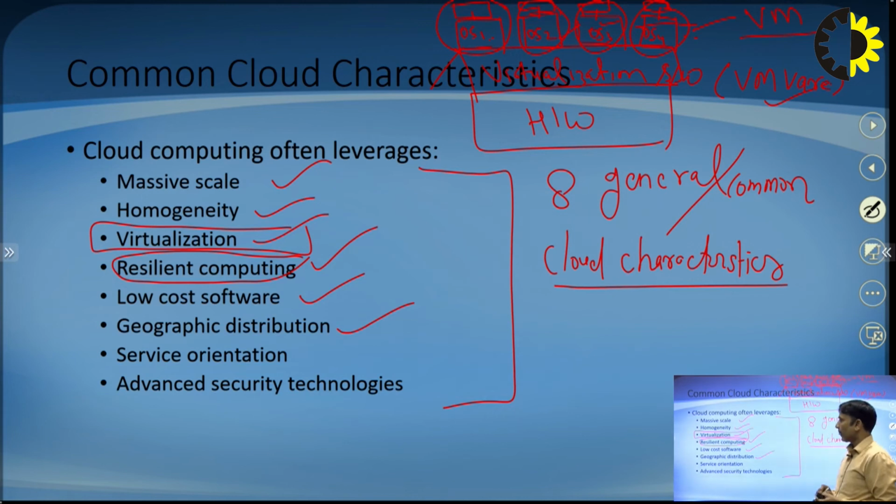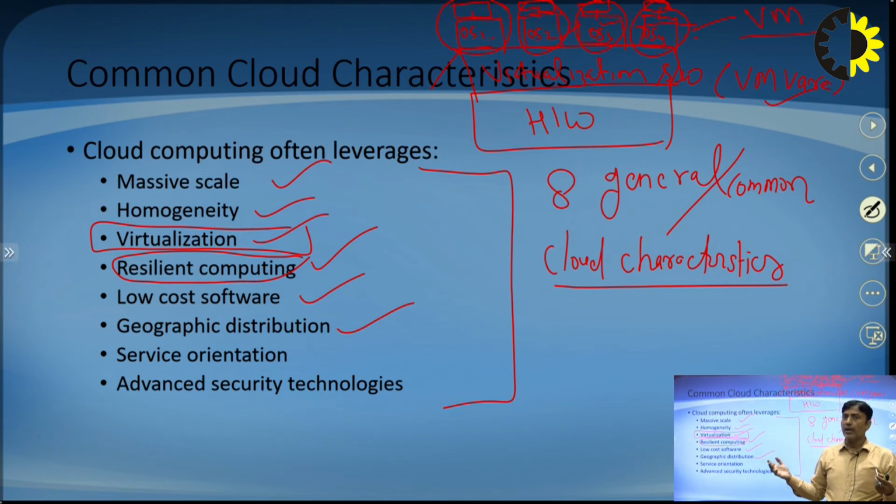Geographic distribution. What is geographic distribution? We know that cloud computing architecture is built on parallel computing and distributed computing, and includes many concepts like grid computing, utility computing, and so on. Geographic distribution means the user may be at any geographic location and can access the service.